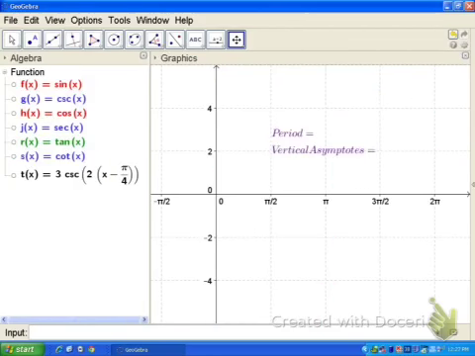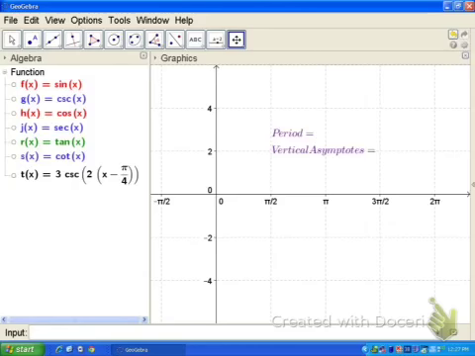So let's work together here and do one example of a more complex cosecant graph. What I have here, t of x is 3 cosecant of 2 times the quantity x minus pi over 4. And what we would like to do is come up with the correlating sine function.